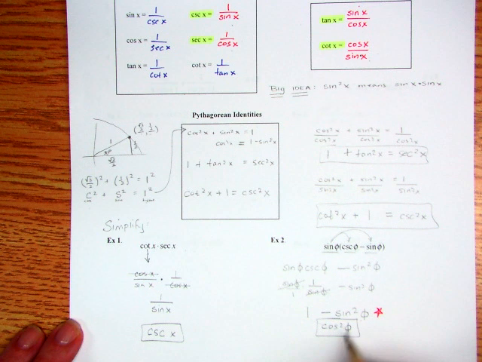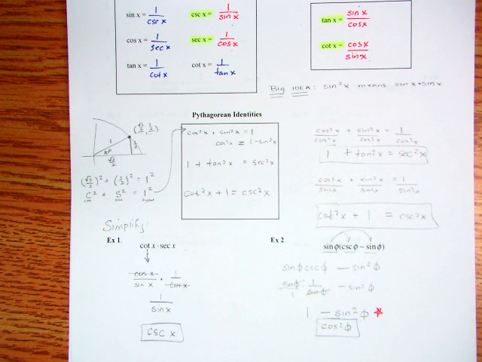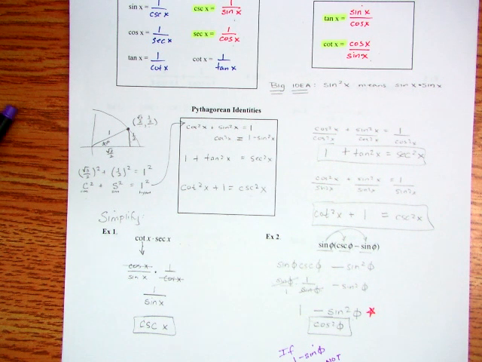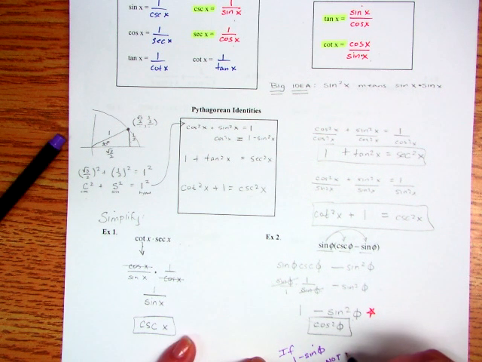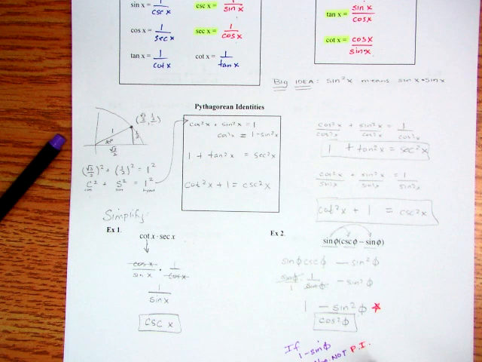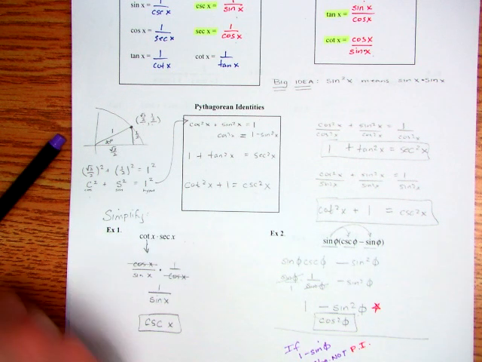You cannot use Pythagorean identities if you have squares. So, if this was 1 minus sine, I would have to stop. It is not a PI to substitute. Okay? That's not what we have. This is just like a little disclaimer I want you to put at the bottom of your notes.